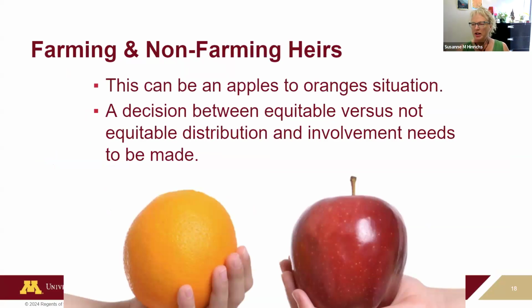So farming and non-farming heirs. Let's talk a little bit about how you handle, you might have one of the kids, maybe it's an heir outside of your immediate family, such as a niece or a nephew or someone else that you're working with that has been involved with your farm, who has really added a lot of effort and value to your farming operation.